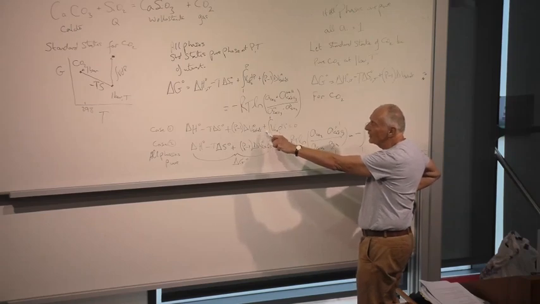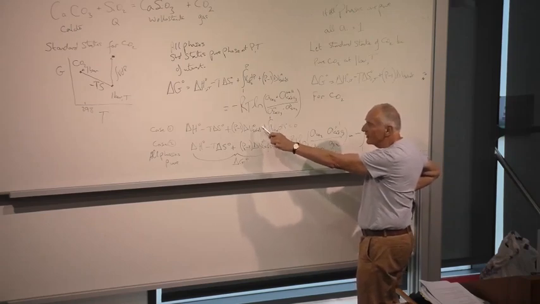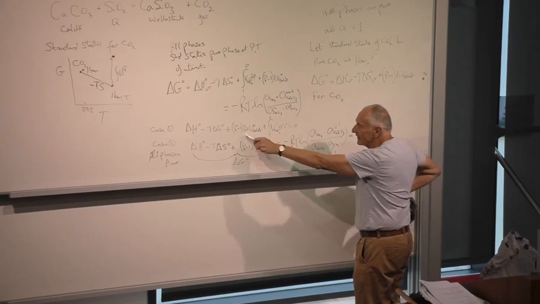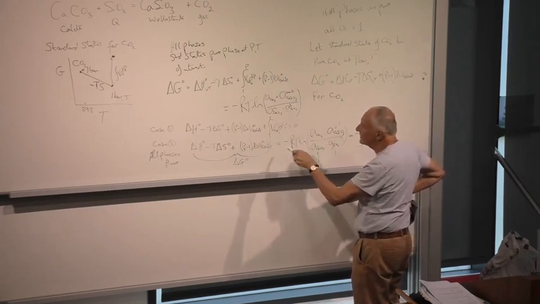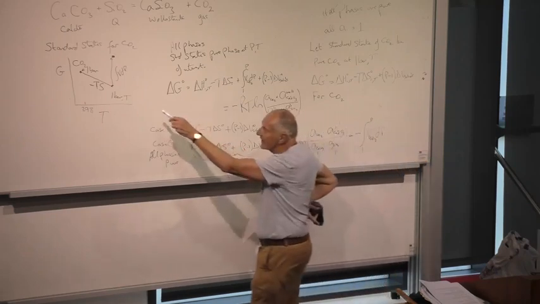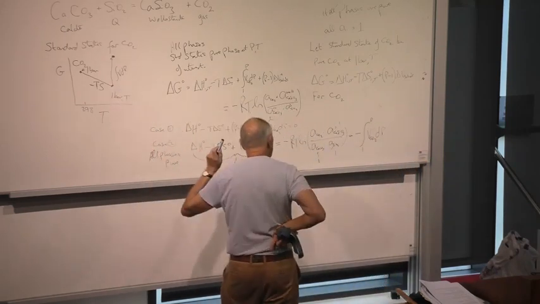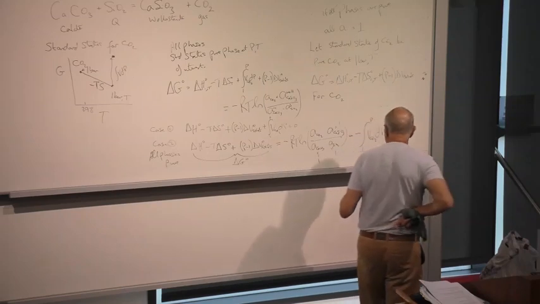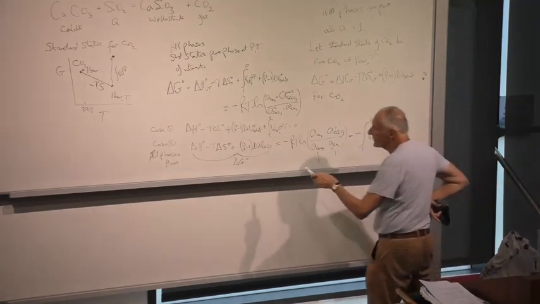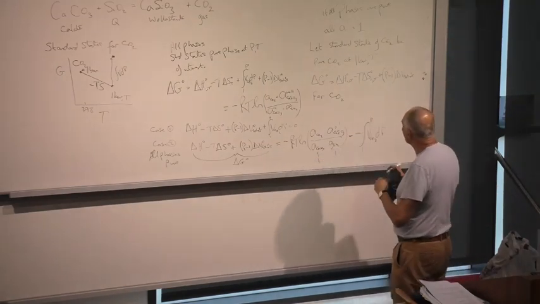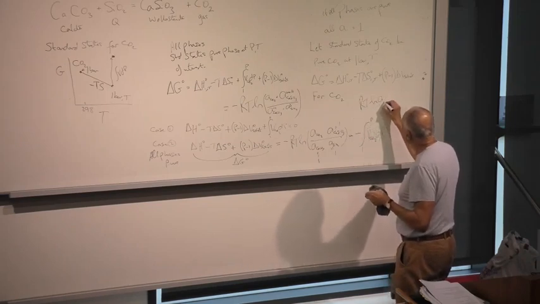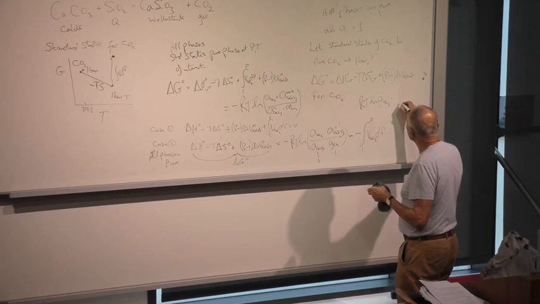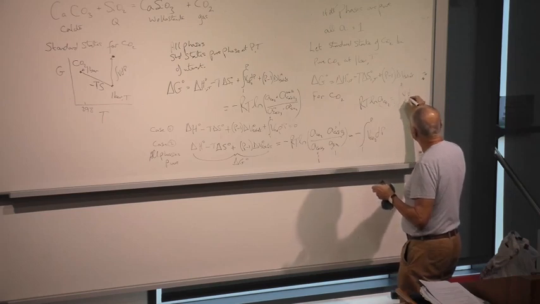So all we've done, in this case, everything is pure and all standard states are at the pressure and temperature of interest. And so we set that to 0, where K is 1. And in this case, we took our standard state for CO2 to be there, which is something we very often do with gases. And in that case, RT ln A is equal to the integral from 1 to P of V CO2 dP.